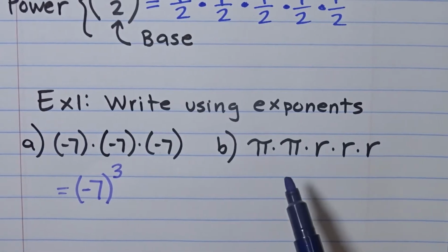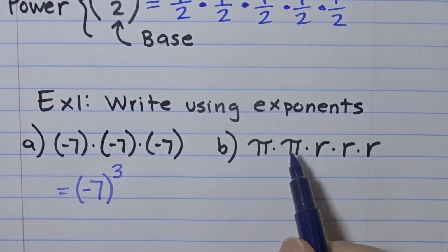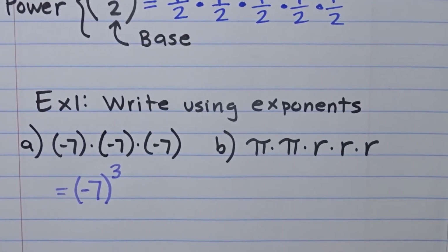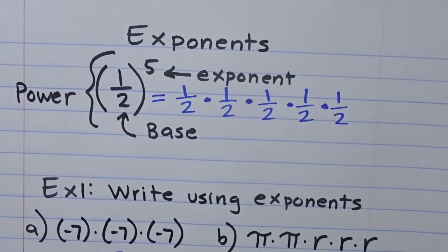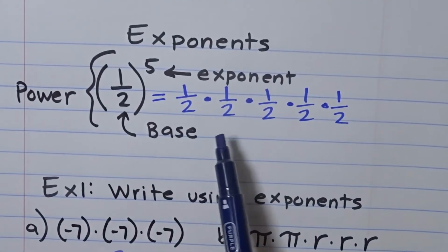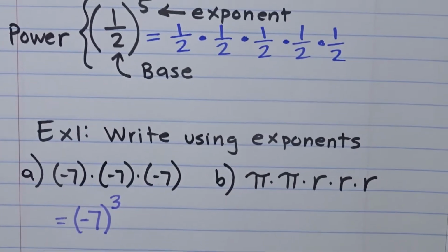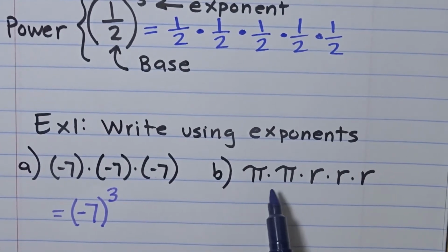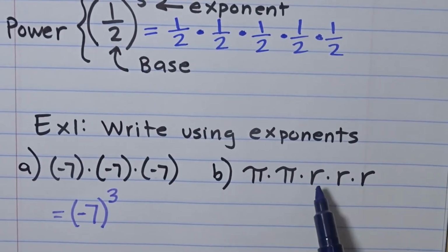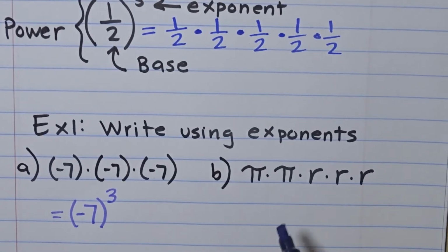Now the next one, we have pi times r times r times r. Now if you remember, a base is the number that's repeatedly multiplied. So what does it mean when we have pi being repeated twice and r being repeated 3 times? That means we're going to have 2 different bases, and that's okay.